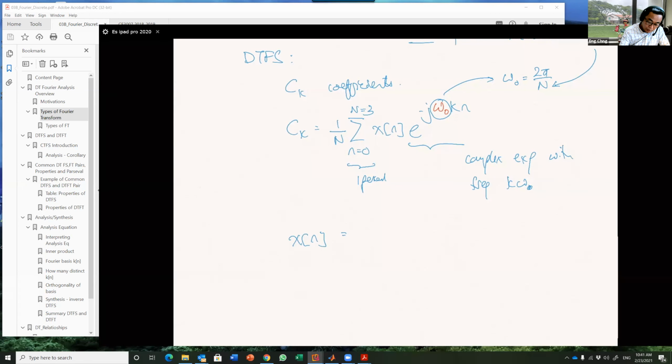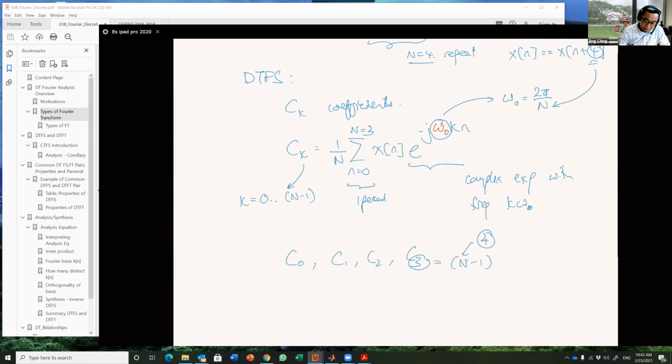Okay, so now you'll be wondering what is the k that we are going to deal with. It will be 0 to N minus 1. Therefore, you need to do c0, c1, c2, and c3, because 3 is equal to N minus 1, because big N is, in this example, 4.